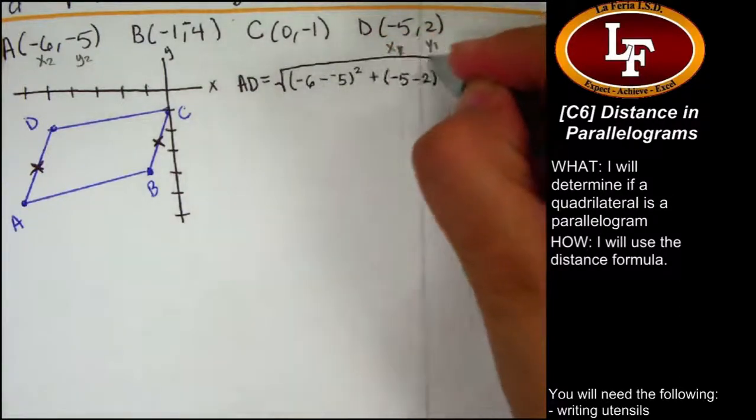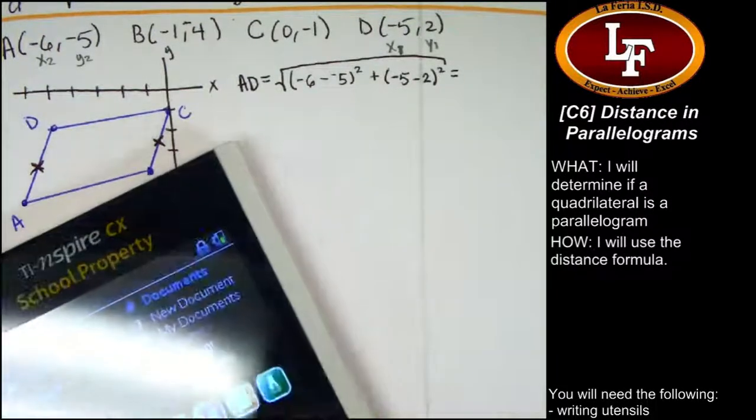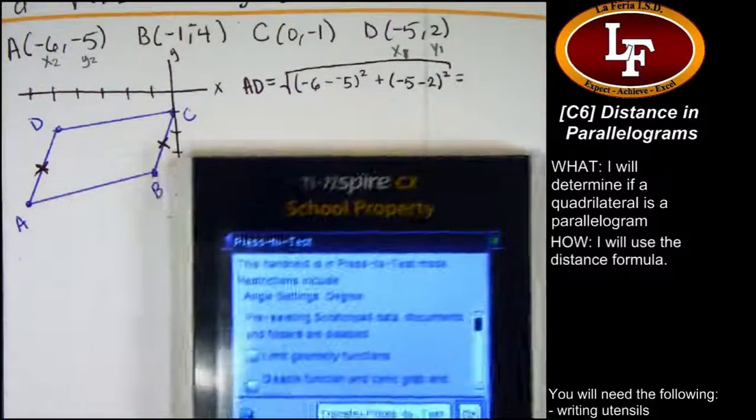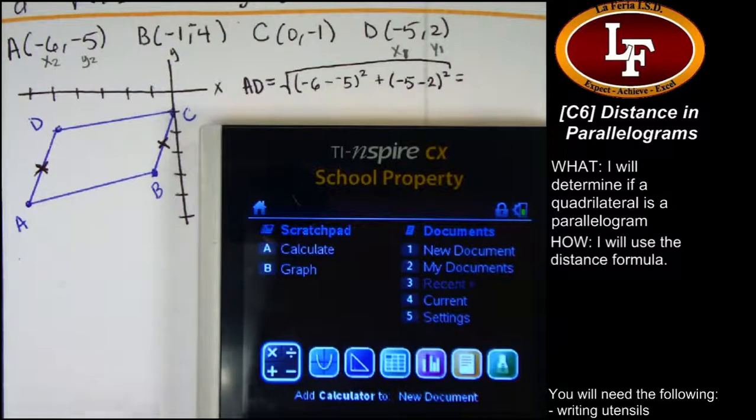All right. You have two options here. You can either do this by hand or run it through the calculator. And honestly, it doesn't matter to me which way you do it. Let me show you both ways. I'll show you in the calculator first. So we're going to go to our calculator. All right, there we go. I'm going to go to calculate.